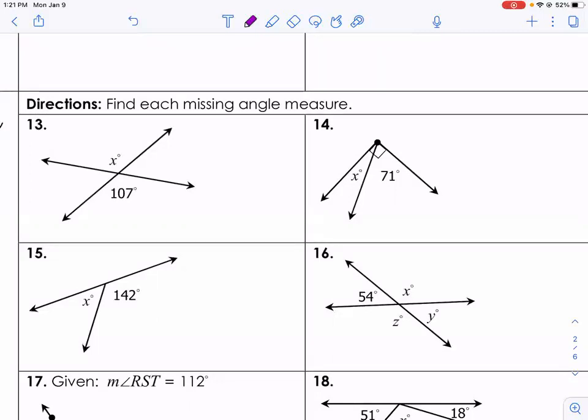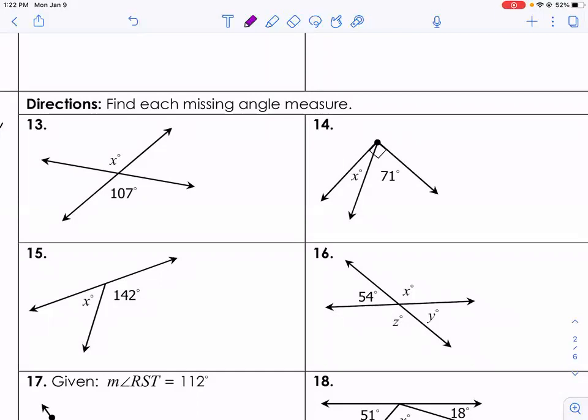It says find each missing angle measure. You sure about that? It's on a 180-degree line.